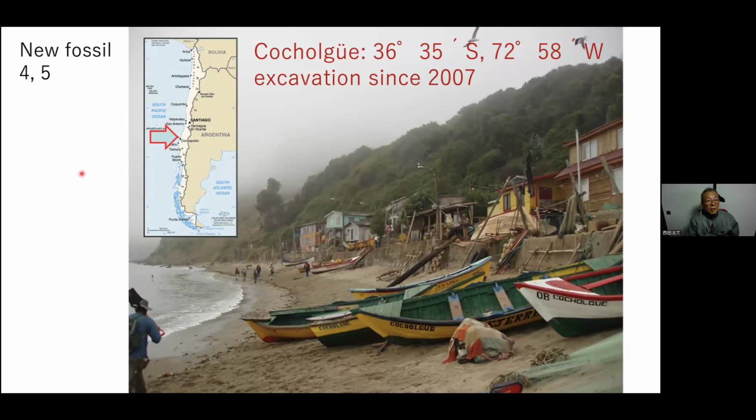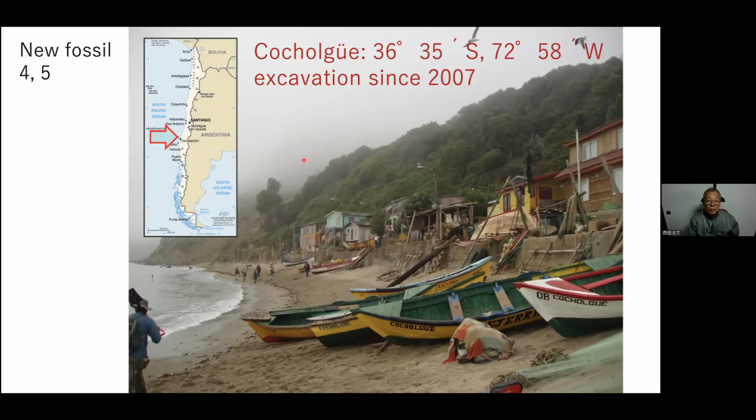So before that, I will show you two other specimens from southern Chile. Here's Concepción, and Chile is a long country like this. And Cocholgüe is located a little bit north of Concepción.